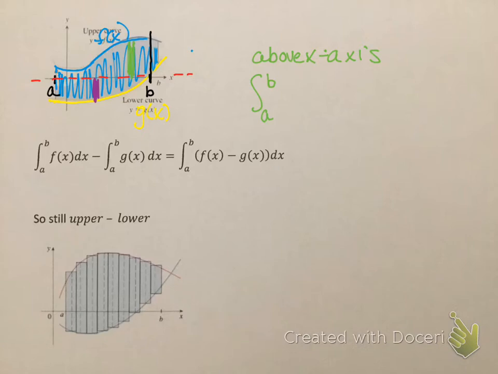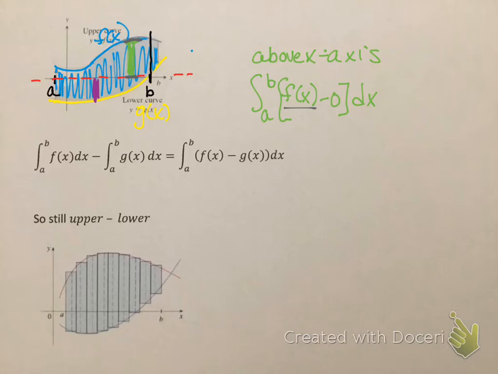Above the x-axis, to find that region, I would take the upper, right here, upper is f of x minus lower, which is 0. And now let's do the purple.